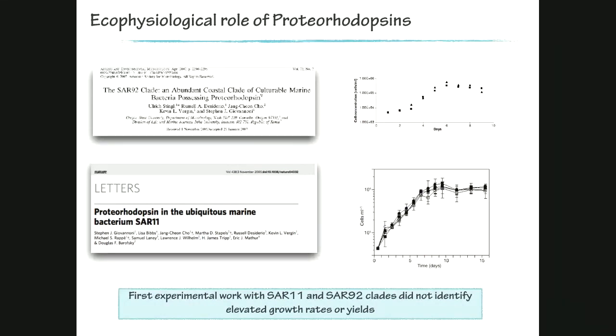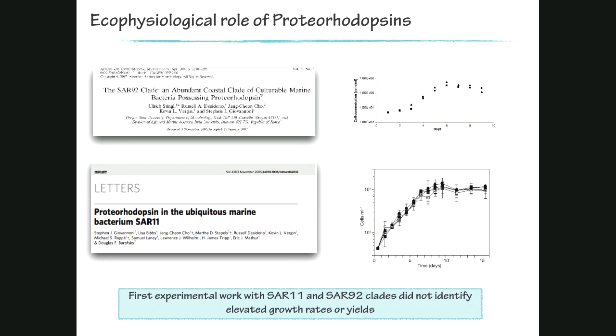In environments where organic matter is limited, it would be an advantage to be able to produce ATP through light. So it was thought that these systems would be more abundant in oligotrophic waters, and that these organisms would have higher growth rates under light than in the dark, because they can produce additional energy through light.